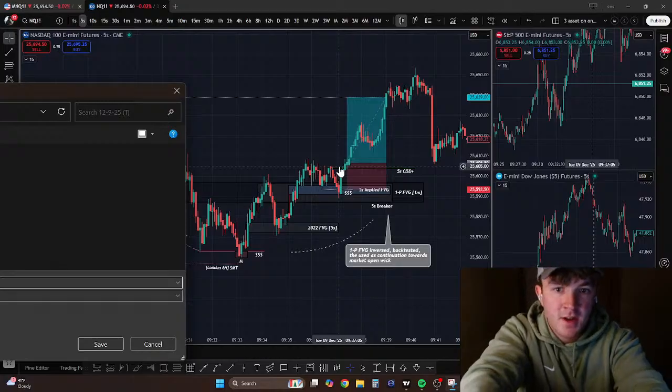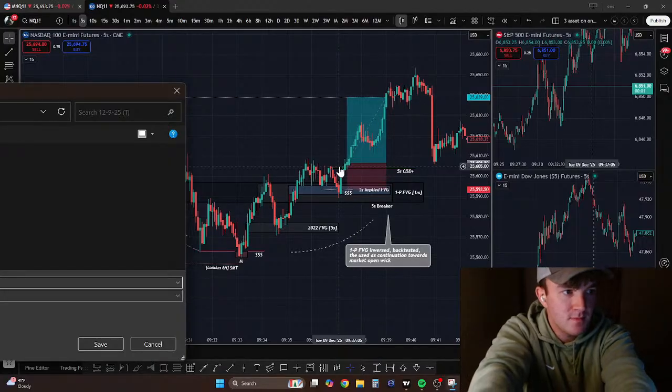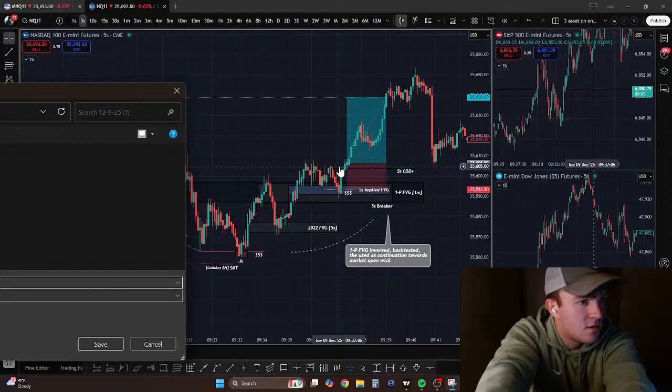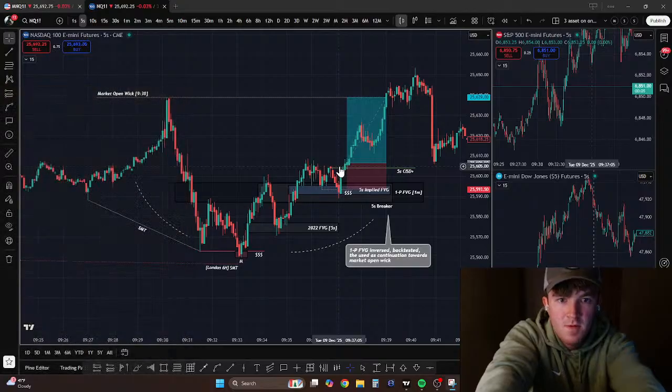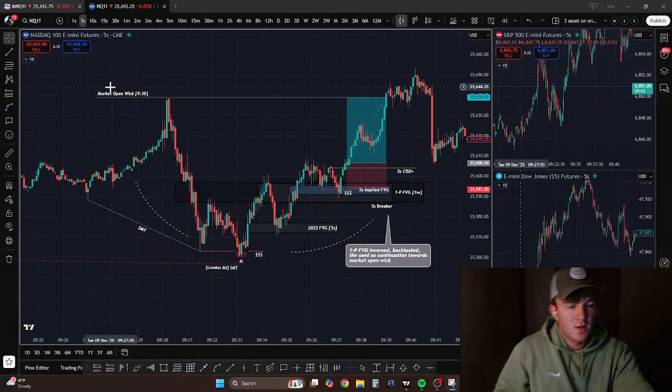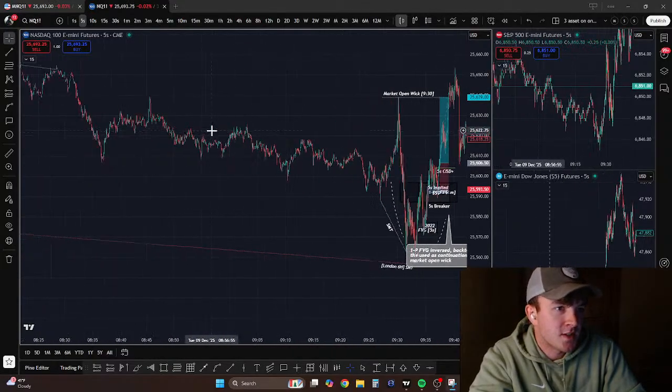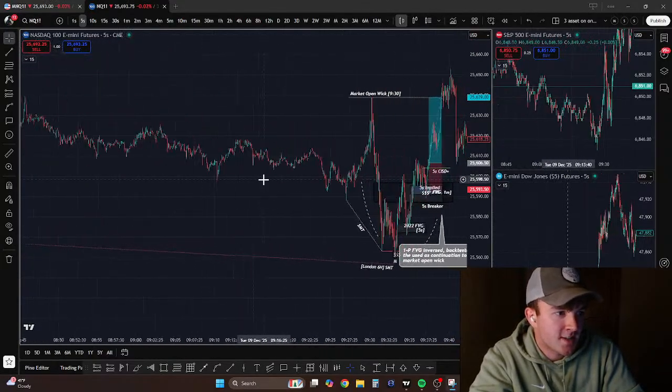First strike, 1 minute aligning with the 5 second. Yeah, the draw on liquidity was just these low resistance highs here.